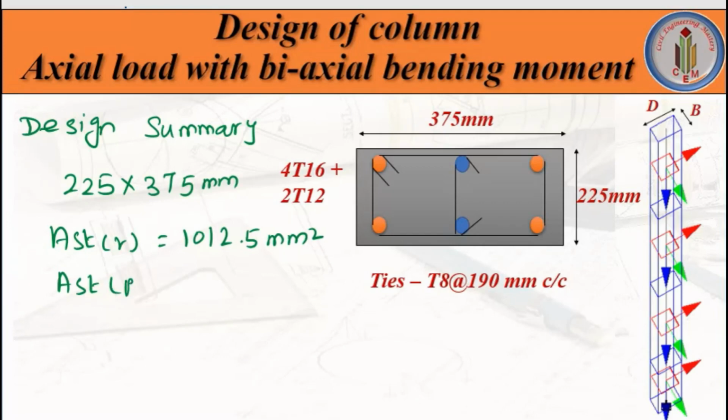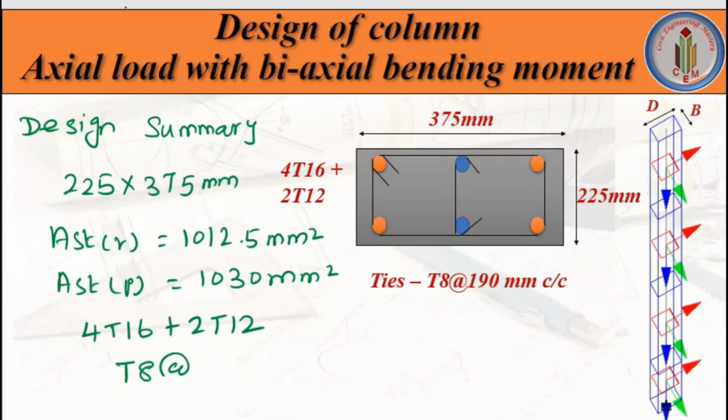Ast provided is 1030 mm square, and the main bars are 4T16 plus 2T12, and ties T8 at 190 mm center to center.